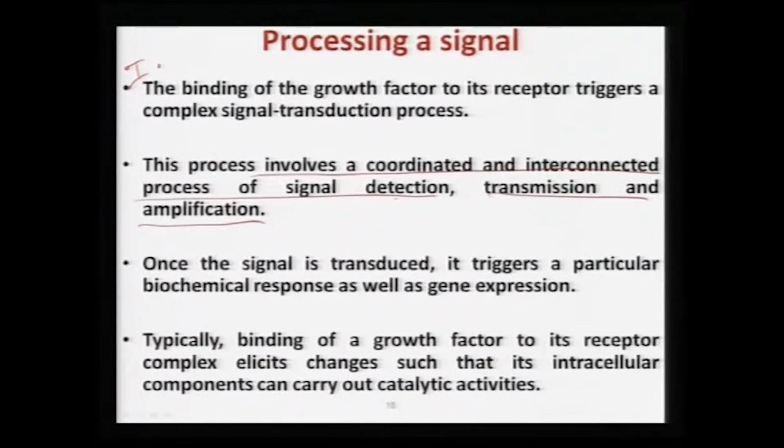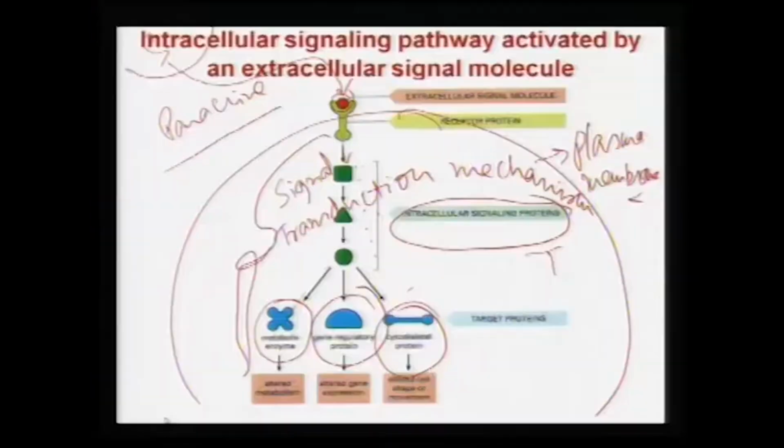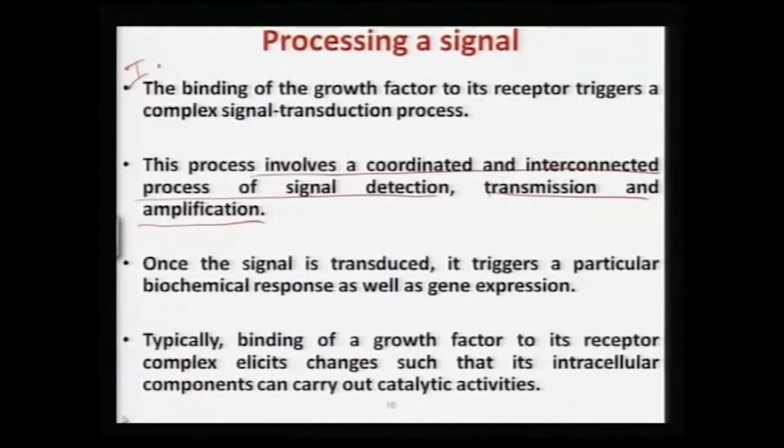Amplification means, suppose your target cell signal molecule concentration is very low, then you are activating some intracellular signaling complex which will amplify, that means which will actually increase the concentration of these signal molecules which are coming inside. So, this amplification is also important.